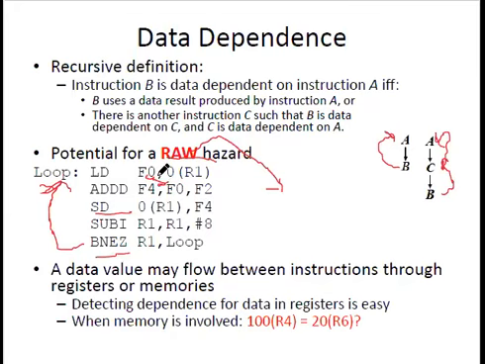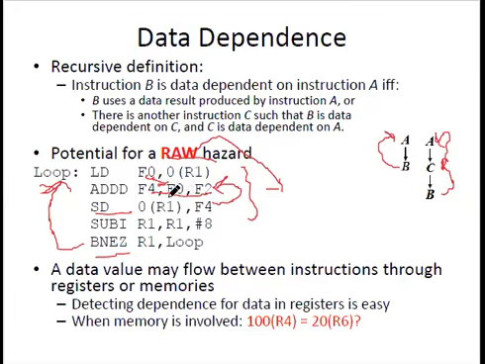So until the load is updated, this addition operation cannot be performed. If the addition cannot be performed, then F4 will not be updated, and the store operation cannot be performed. So this kind of operation has to read after write. The load will write F0, and the value of F0 will be read by the next instruction.